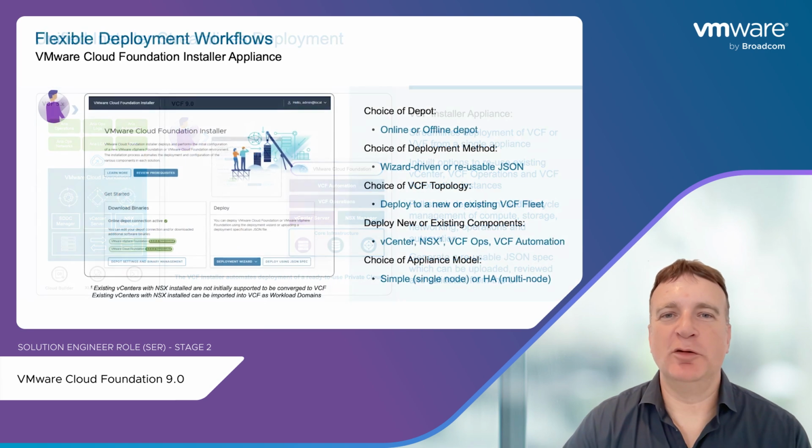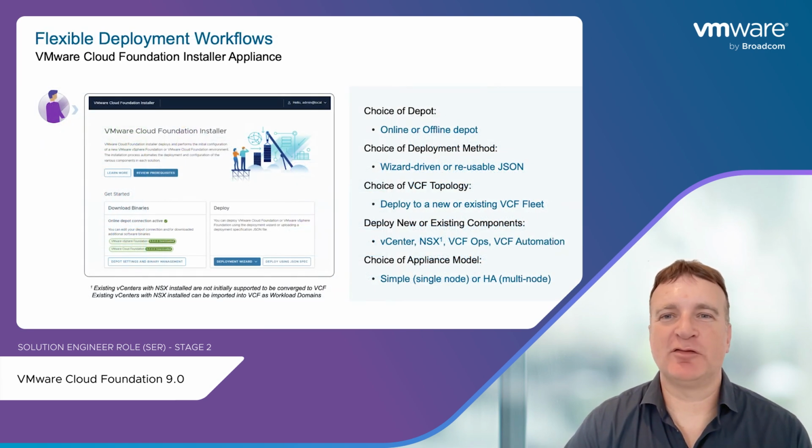Inbuilt into this new and very lightweight VCF installer appliance are a set of enhanced deployment workflows and many new configuration options. With VCF 9, the user first connects to the Broadcom support portal to download the software binaries by connecting to a depot. The software binaries are not included in the VCF installer appliance.